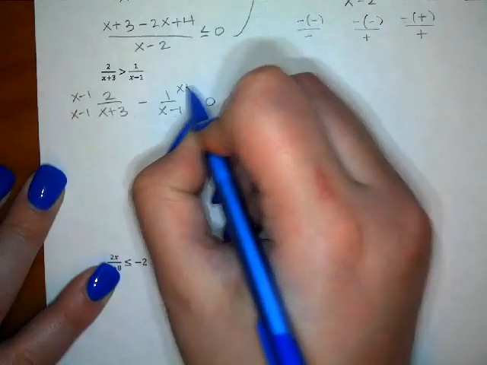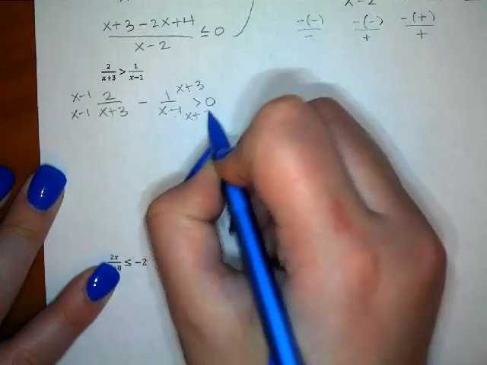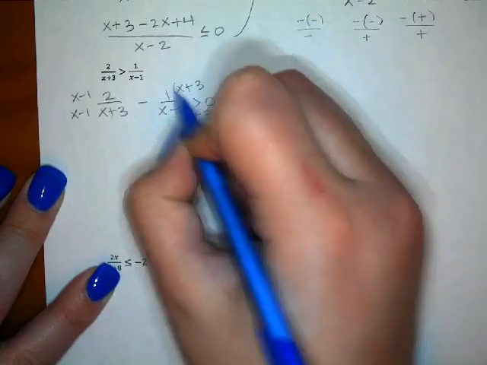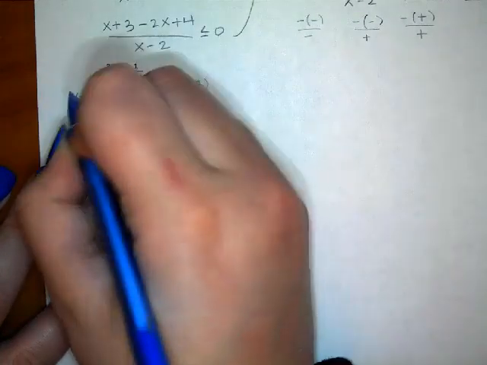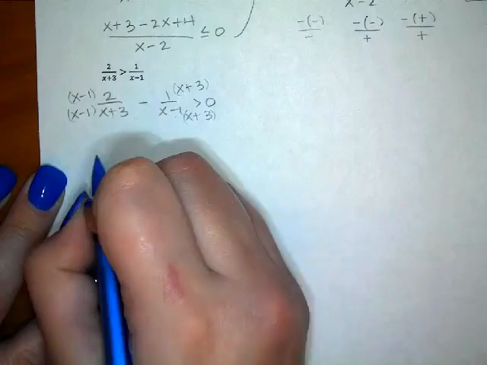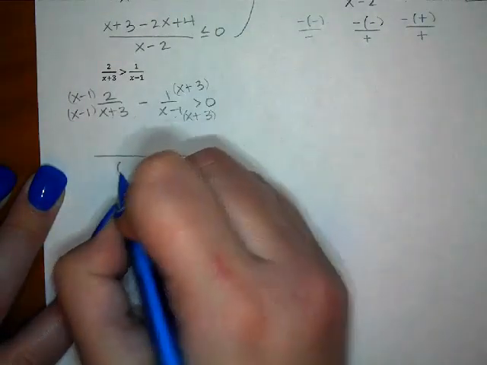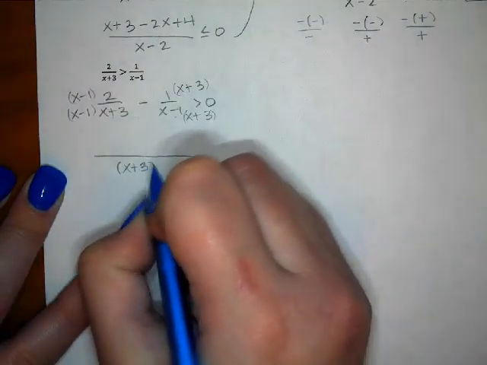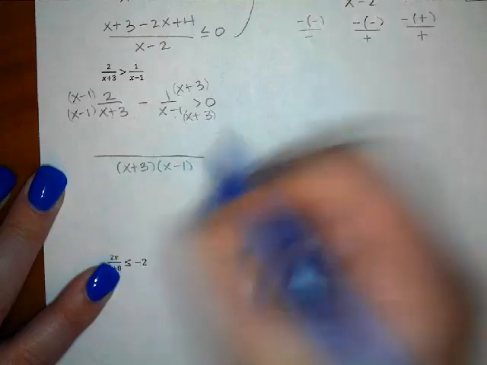So for our common denominator, we have an x plus 3 and an x minus 1. And then for the numerator, we have a 2 times x minus 1 minus a 1 times x plus 3.